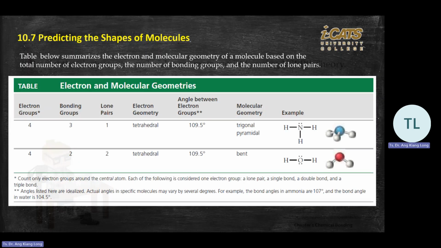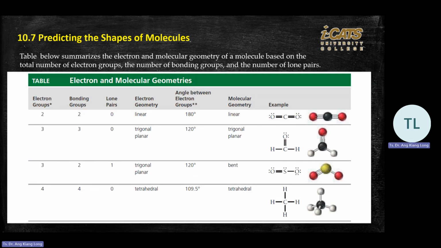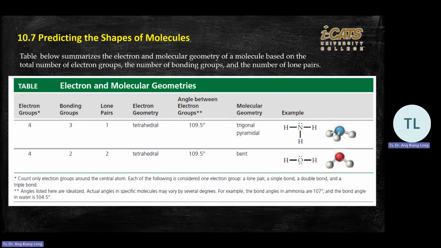And water is 104.5, not 180 degrees, and not under this one, the 120. Water is 104.5. Just take note on this one. This comes from experimental results, which you may find interesting when you study chemistry later. So you see this table already, then just take note. There are some special notes under the table.